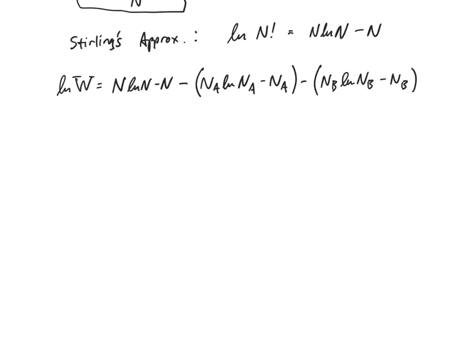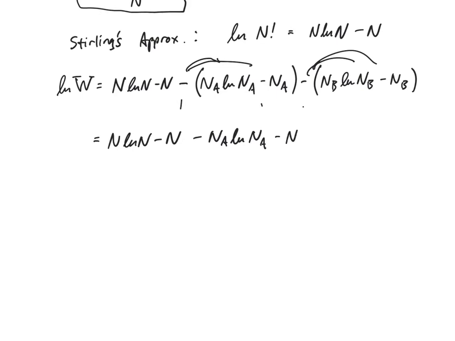Now, the next step is going to be to distribute these negative signs and also to use the additions and subtractions here and just move things around a little bit. So I'll do that first step: N log N minus NA log NA plus NA, because that negative got distributed, minus NB log NB plus NB.